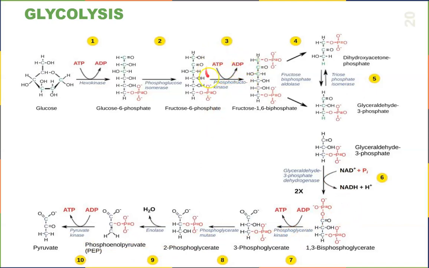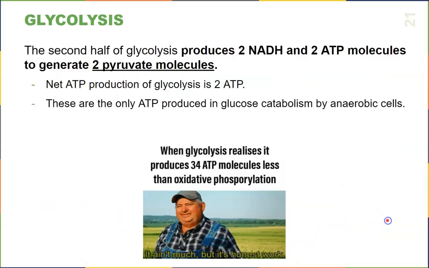So you can see where we use the ATP. We use the ATP in the first half of glycolysis. And then in the second half of glycolysis, we start to get our products, which is NADH, ATP, water, and more ATP. So the net gain, again, is 2 ATP.